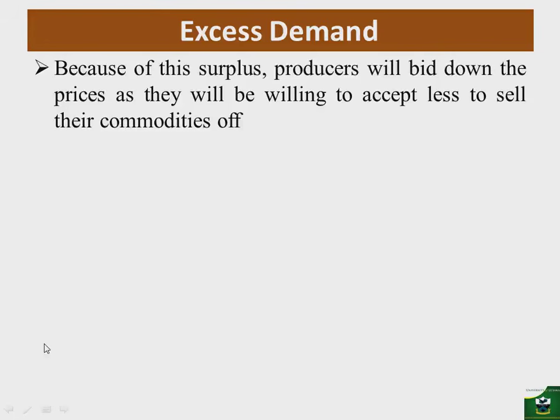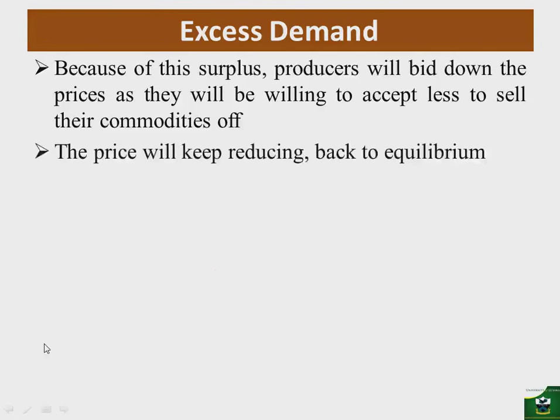Now, if this be the case, information will be known in the market that other sellers are even reducing the prices below the set price, and therefore every supplier will keep on reducing the price until we are back in equilibrium.